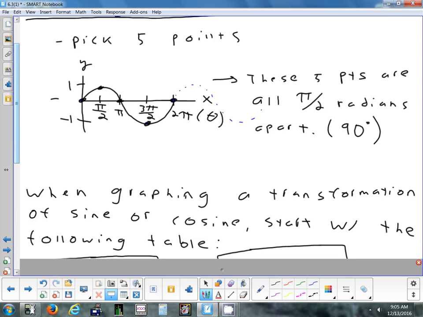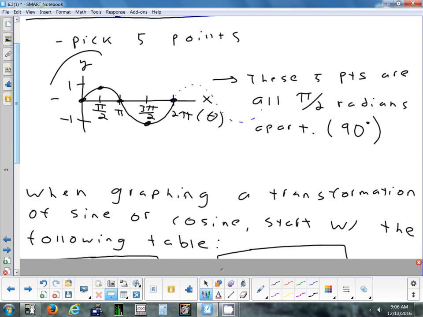Okay, so anytime that we want to graph sine or cosine, we have to know where the original function starts. Okay? I want to know these 5 points, because then if I'm going to transform it, I can figure out where it's moving. But if I don't know where the function is starting, I can't figure out where it's going to move to.